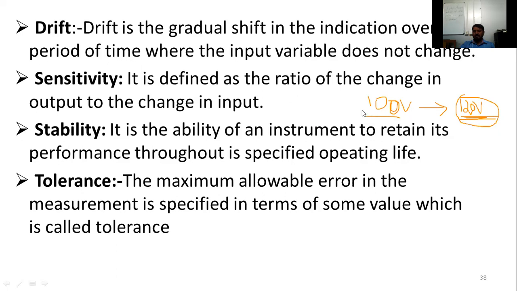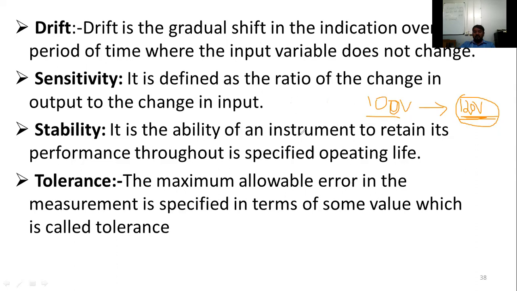If the instrument is sensitive, it should change, and how much time it takes to change is the speed of response. Sensitivity and speed of response are both very important for measuring instruments.